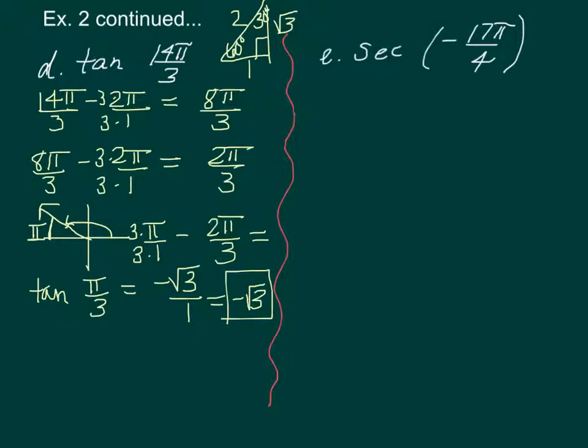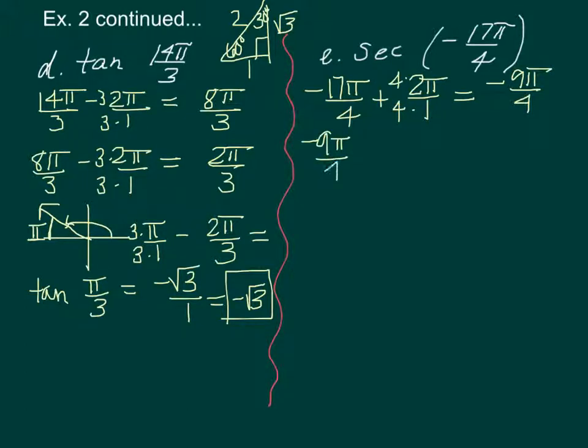And then E, since this is negative, when we find a coterminal angle, we have to add 2 pi. So negative 17 pi over 4 plus 8 pi over 4 gives us negative 9 pi over 4. So I'm going to add 2 pi again, because remember it has to be positive.